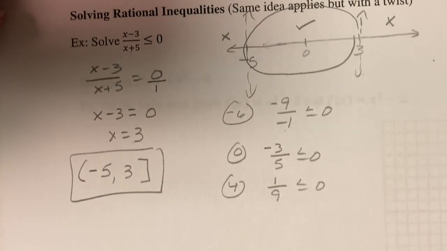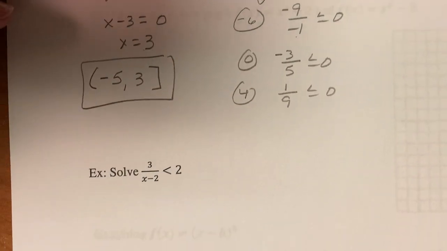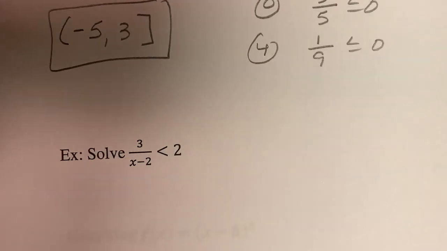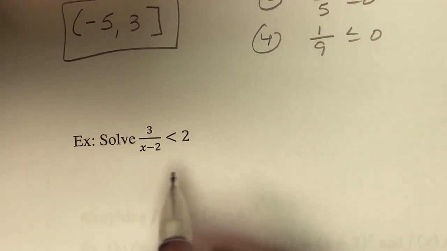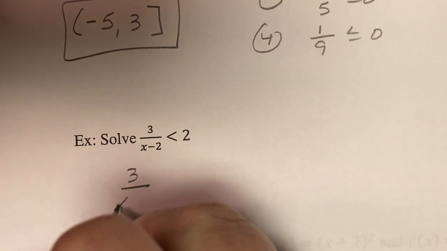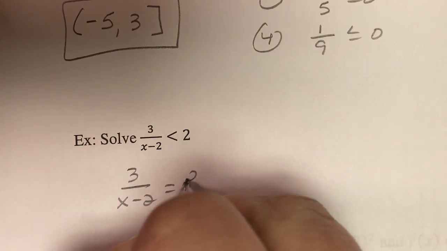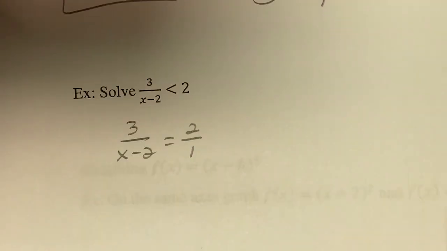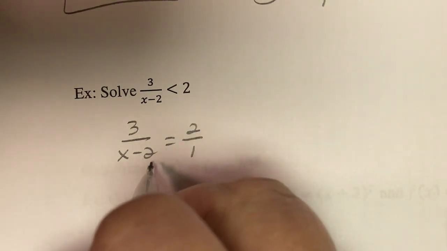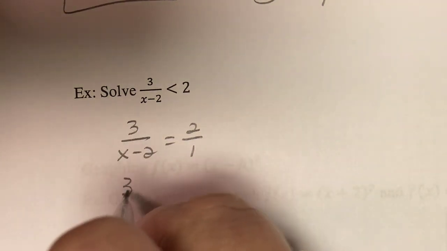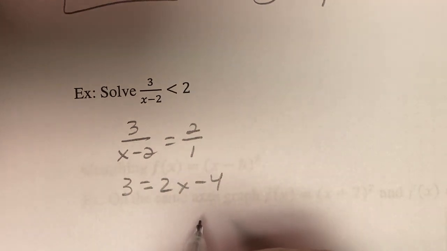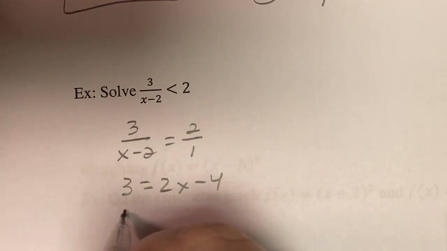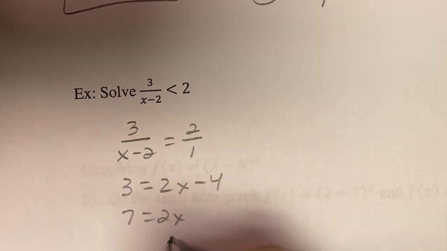All right, we have one more to go ahead and do. So let's go ahead and solve this as if it were an equation. Still going to cross multiply. So if I go this way, I'm going to get 3 is equal to 2x minus 4. 7 is equal to 2x.